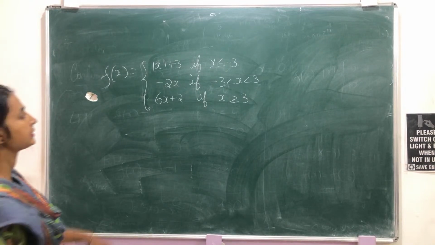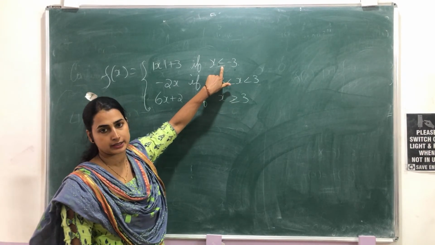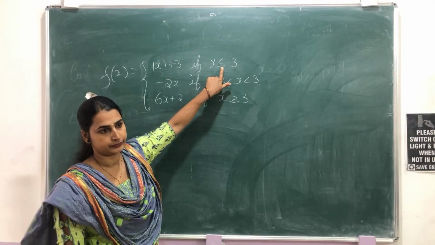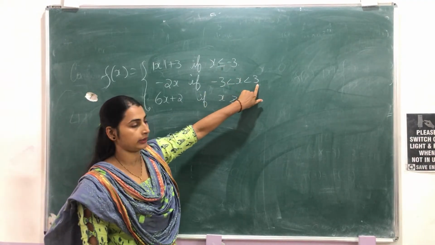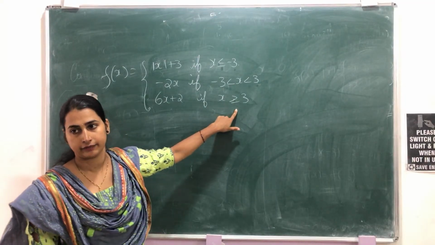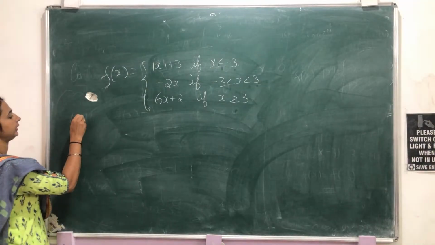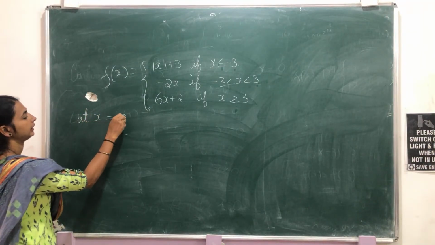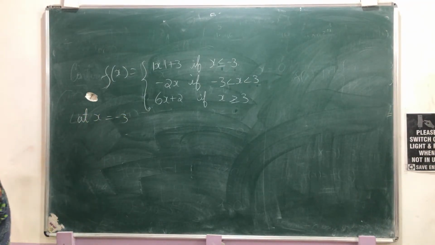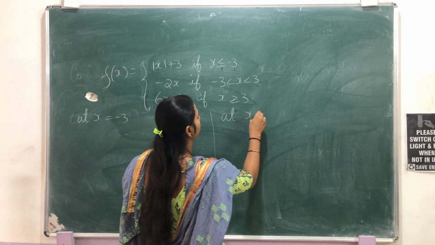You can see for x equal to minus 3, left hand limit, right hand limit, value at that point is given. So use second definition. For 3, again less than 3, greater than 3, equal 3 is given. Second definition. You need to do it separately. So at x equal to minus 3, you need to do all this procedure. Then same thing at x equal to plus 3.